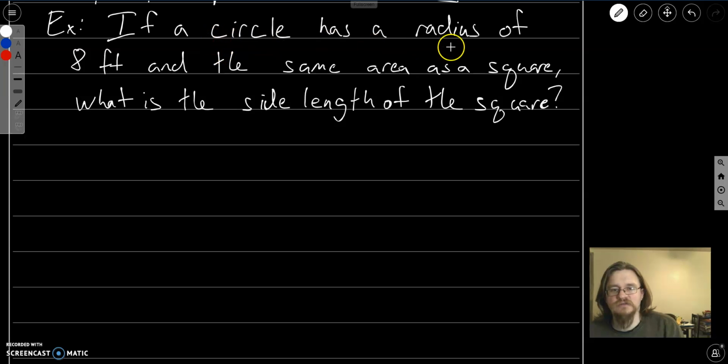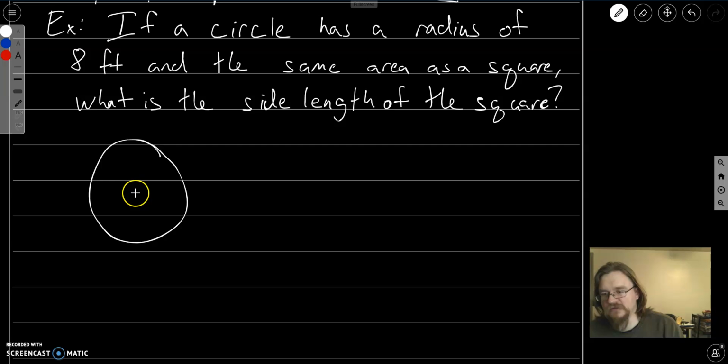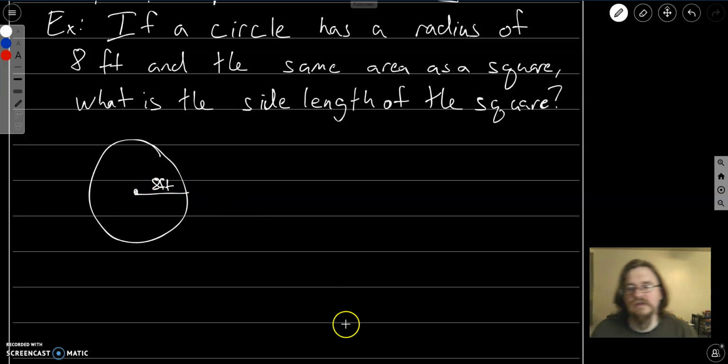So we have a circle that has a radius of 8 feet. So we'll just take that and we'll draw ourselves a circle. Apologies for the bad circle. It has a radius of 8 feet, meaning that the distance from the center to the outside is going to be 8 feet.